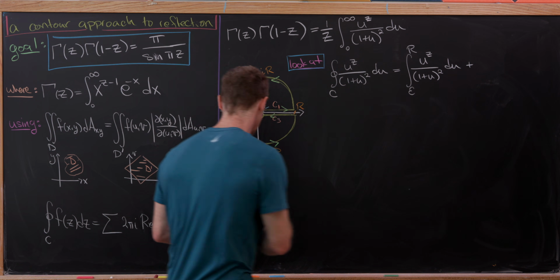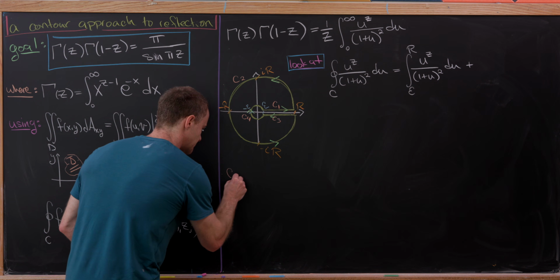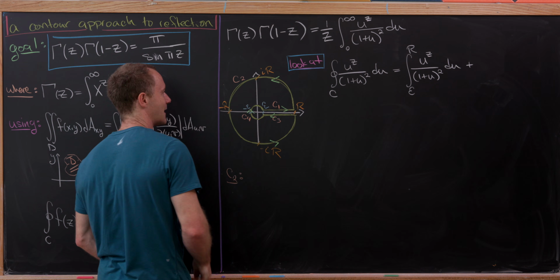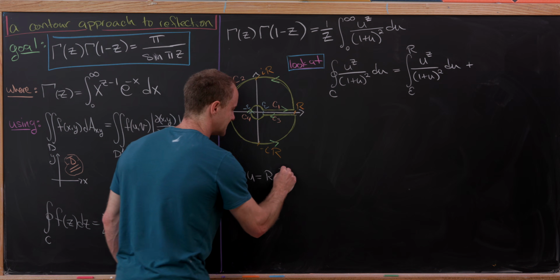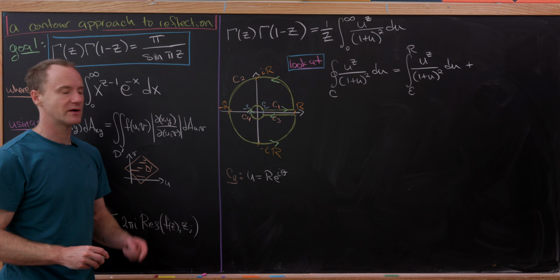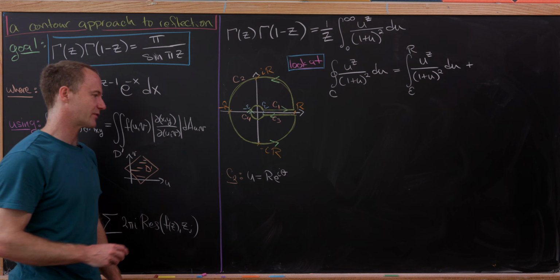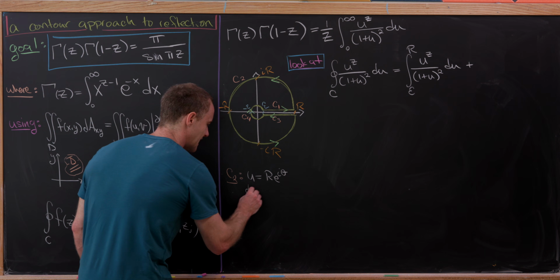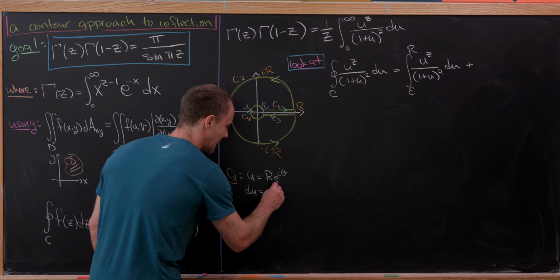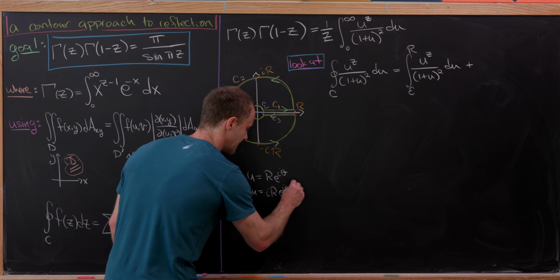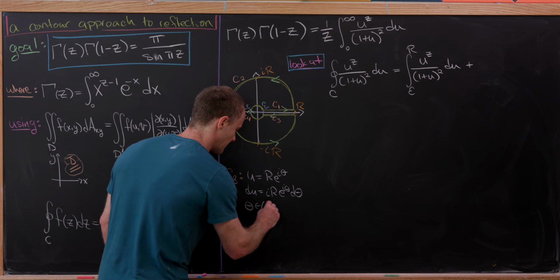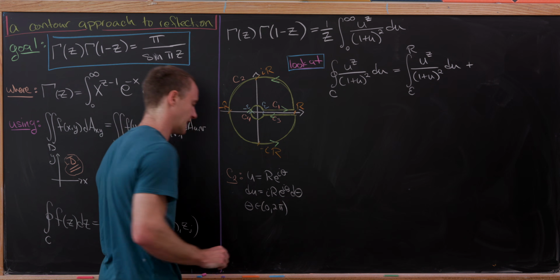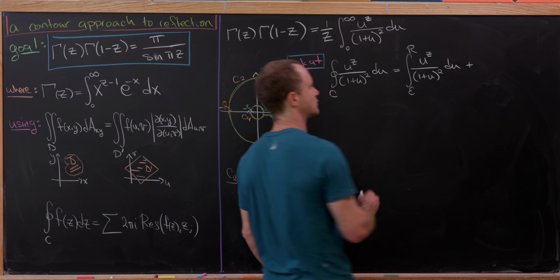And then let's see what's happening along C2. So maybe we'll write this down here. Along C2, u will be of the form r times e to the i theta. That's how you parameterize a circle of radius capital R. Notice that means du is equal to i times r times e to the i theta d theta. Furthermore, theta will go from 0 to 2 pi. So putting that all into our function will give us the following.